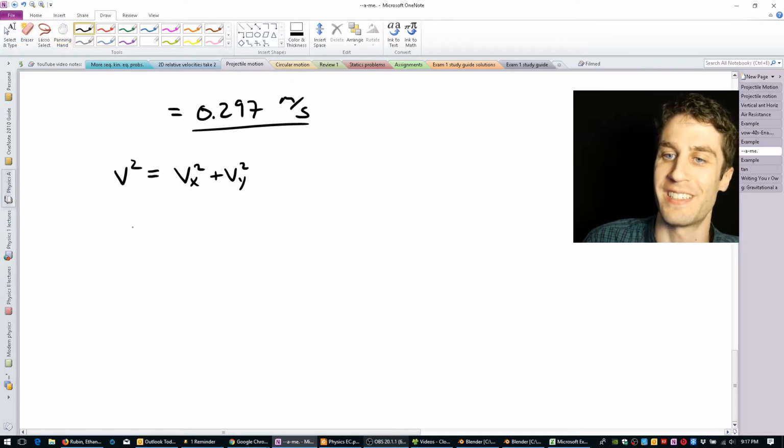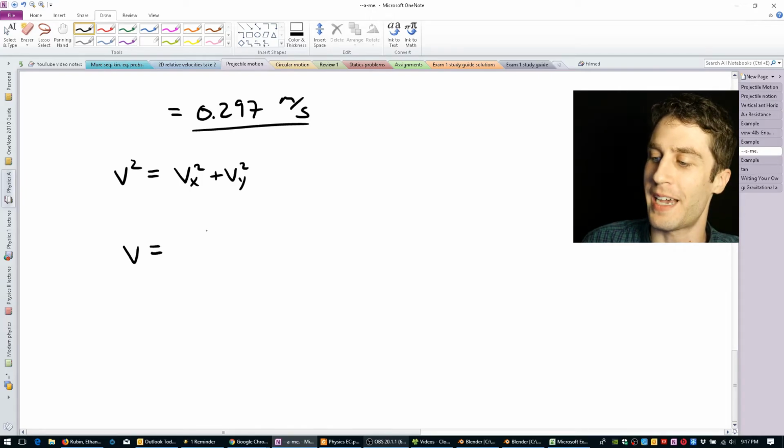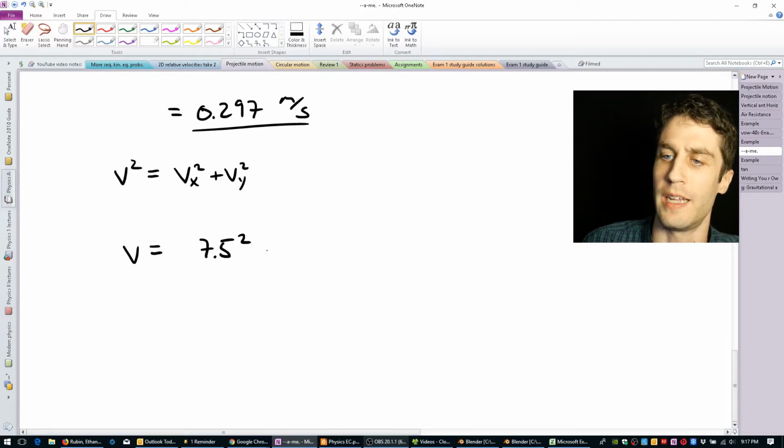You can work algebraically, but let's just work numerically. Vx we had was 7.5 meters per second, but we square it. And Vy, we just found it, 0.297 meters per second, but we square that value as well.